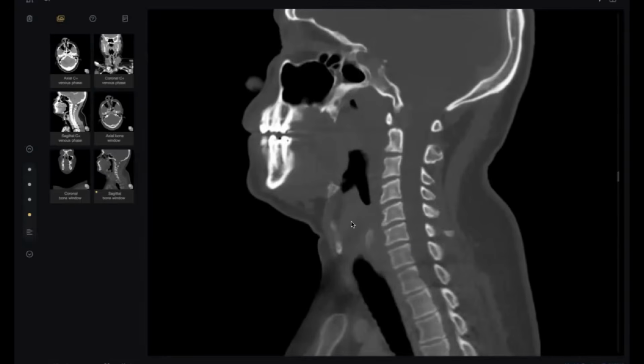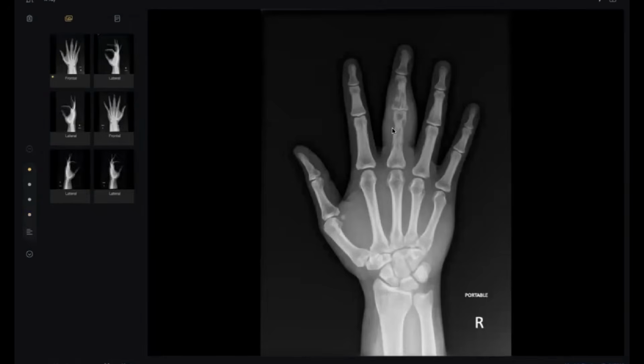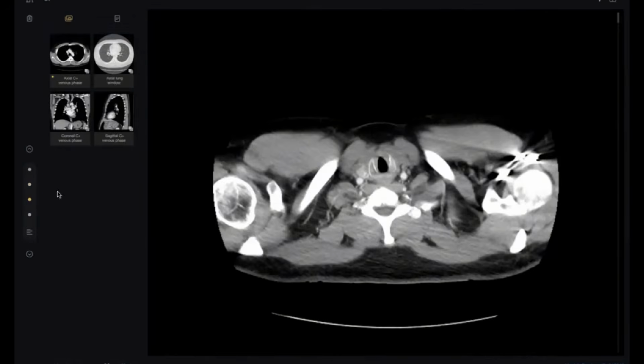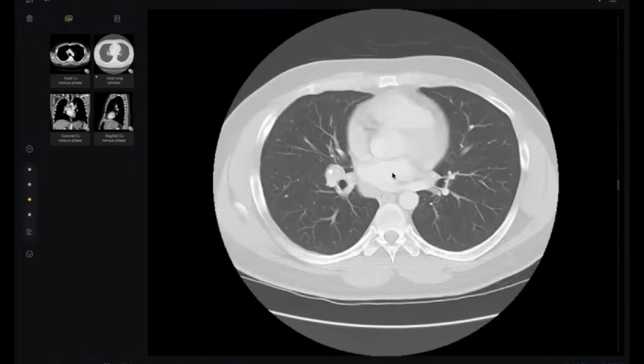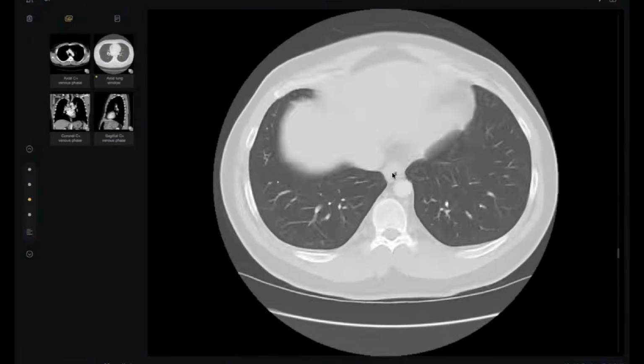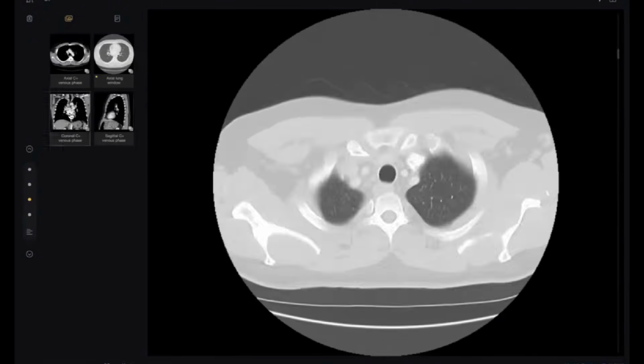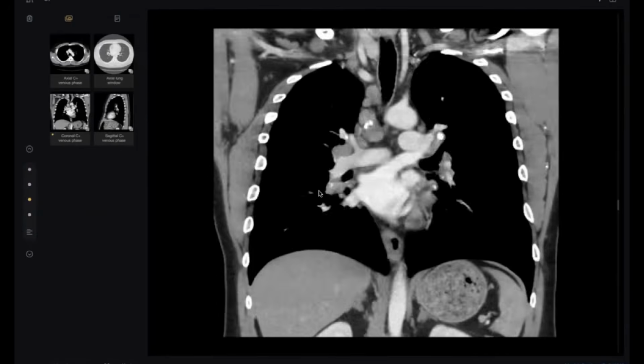Very, very confusing case. The key is in this lace-like pattern, very pathognomonic for sarcoidosis. Look here, what happened? The lung parenchyma looks really very normal, no obvious pathology apart from this lymphadenopathy.